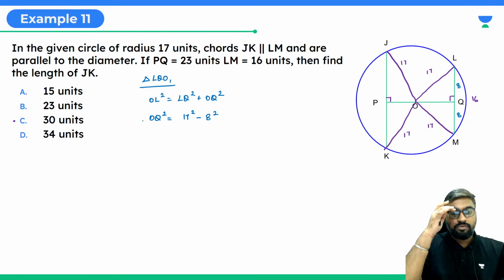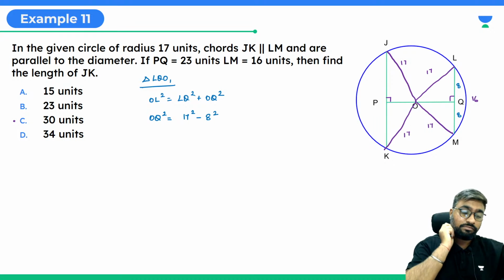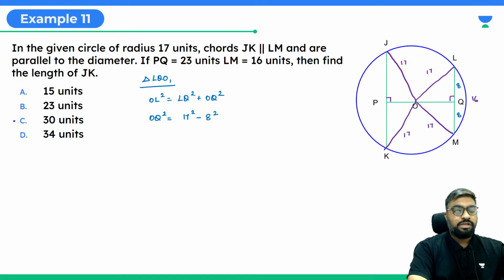We know the ratio is 8, 15 and 17, correct? 17 square is 289 minus 8 square is 64, which gives 225, which is nothing but 15 square. So we get OQ as 15. Agreed?